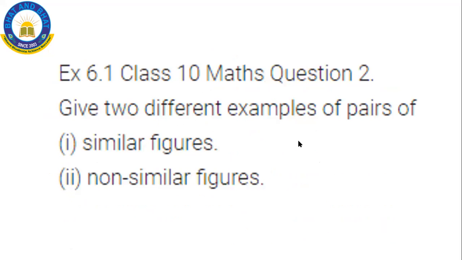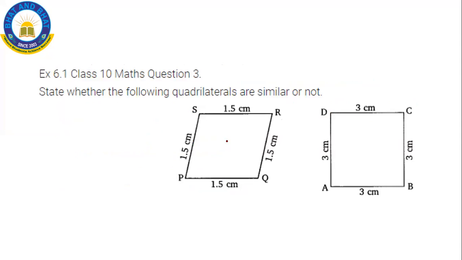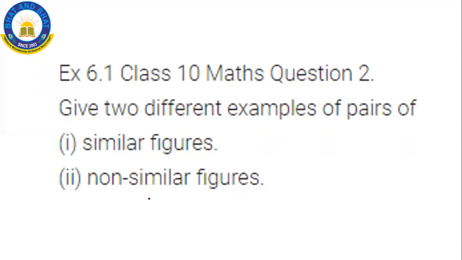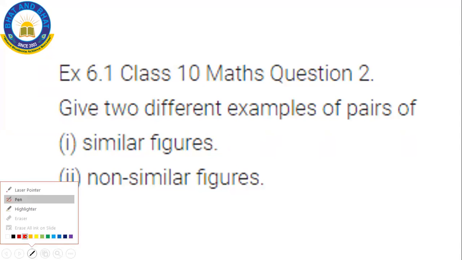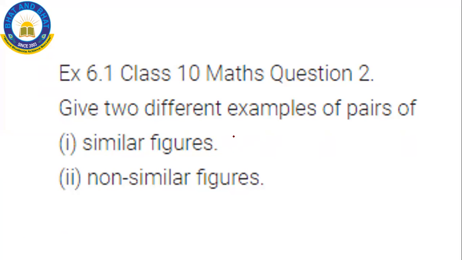Next, second question. Give two different examples of pairs of similar figures. Can anybody give me this? Yes, good, good. All of you are quickly responding. Correct. Two examples means what can we give? Yes, circles.